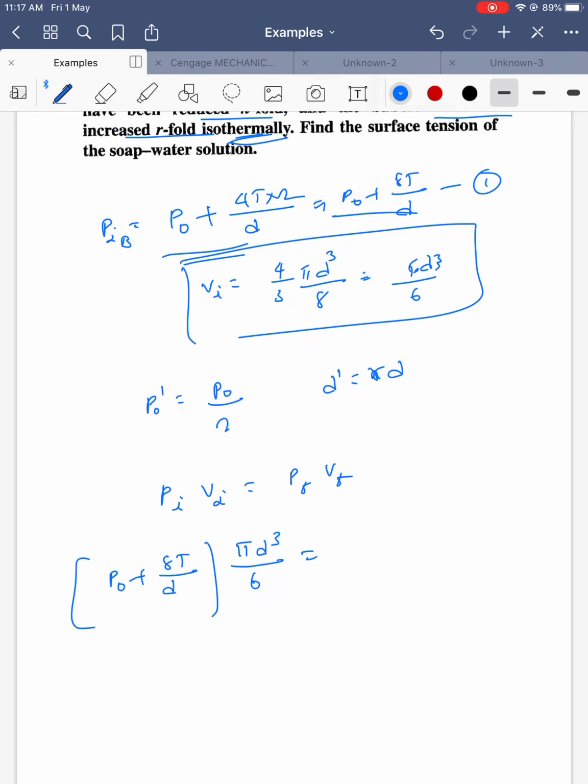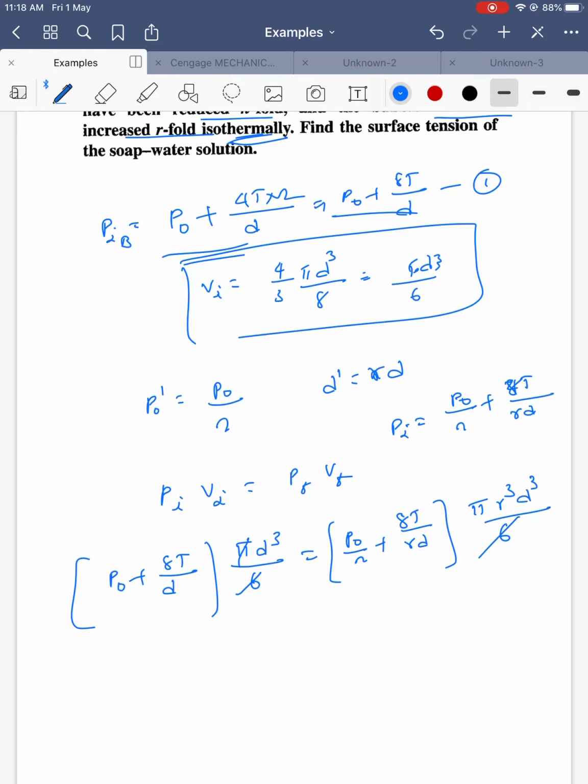Sorry, we don't know the pressure yet. The pressure inside finally is P0 by n plus 4T by R d by 2, which becomes P0 by n plus 8T by r d, into the final volume, pi into (r d) cubed by 6, which is r cube into pi d cube by 6.